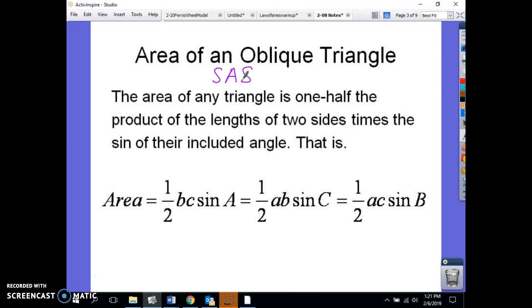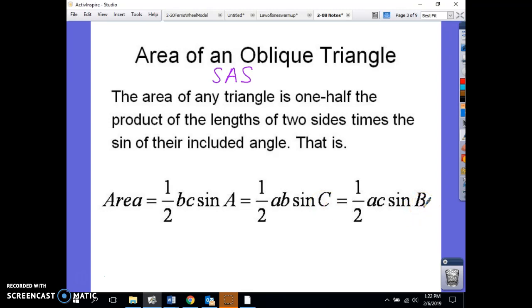But what you'll see here is the formula is area equals 1/2 bc sine A. Okay, so if you're given big A, then you're going to use this formula. If you're given big C, then you're going to use this formula. And if you're given big B, you're going to use this formula. So you're only going to be using one of these.